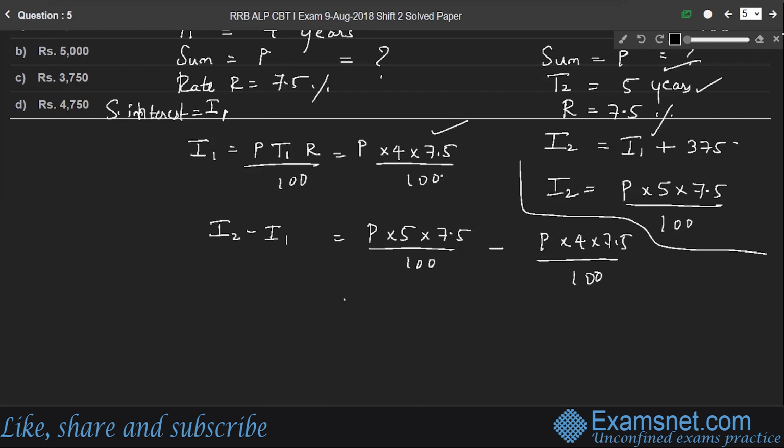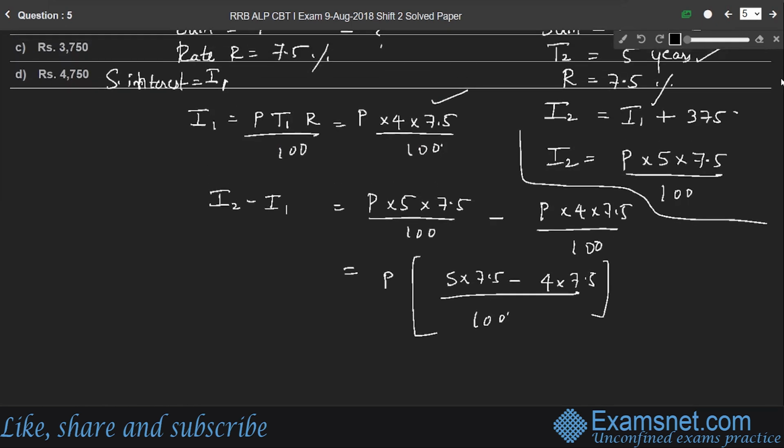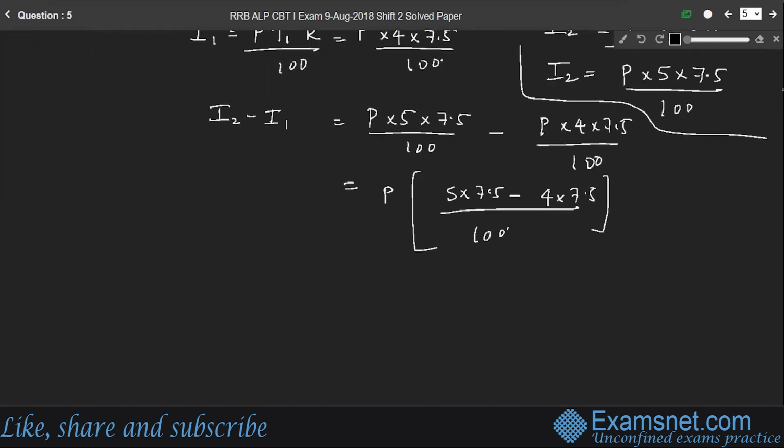Therefore, we can take out P as common. Since the LCM is 100, the numerator becomes 5 into 7.5 minus 4 into 7.5. Whereas I2 can be written as I1 plus how much? 375, right? Therefore, we can write I2 minus I1 as I1 plus 375 minus I1, so we can cancel I1 and I1 here.